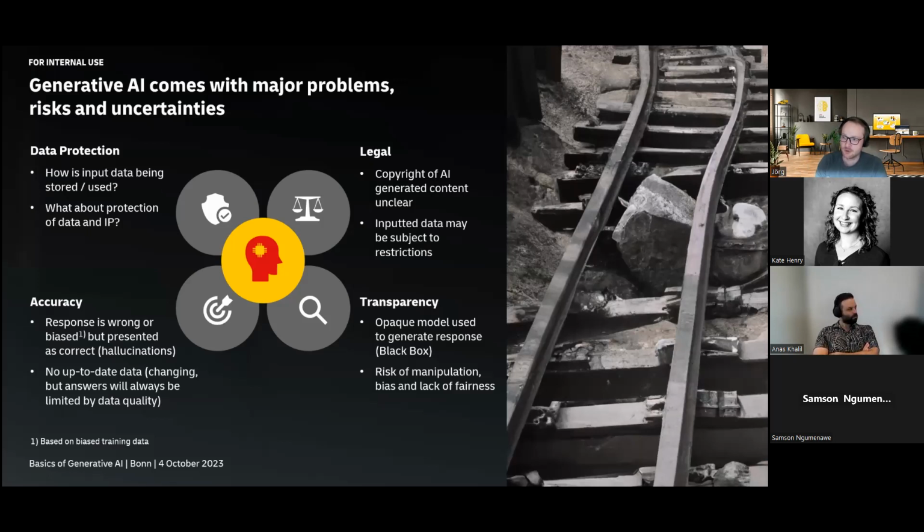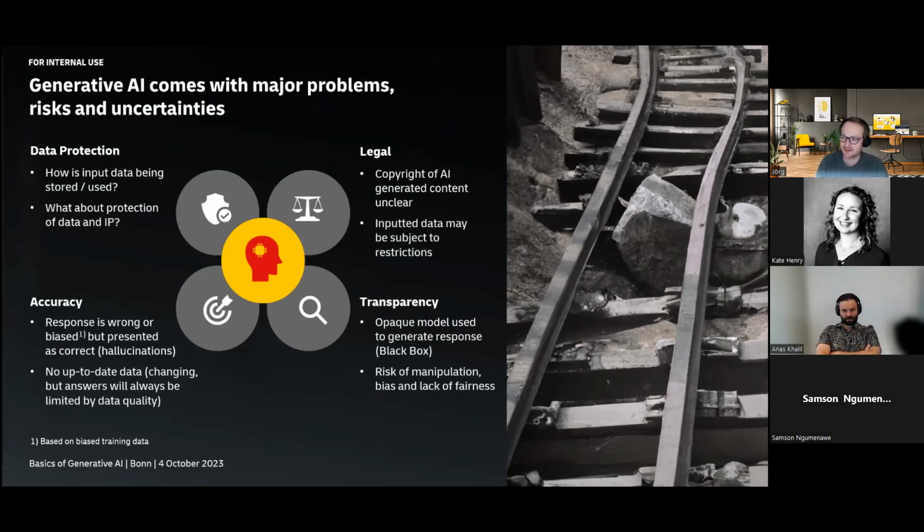Then there are still open questions regarding the legal aspects. Can I copyright stuff which was generated by AI? I think there have been some US law cases now, and some of them said no, you cannot. But if you, I don't know, add one character to the end, then suddenly you can copyright it.